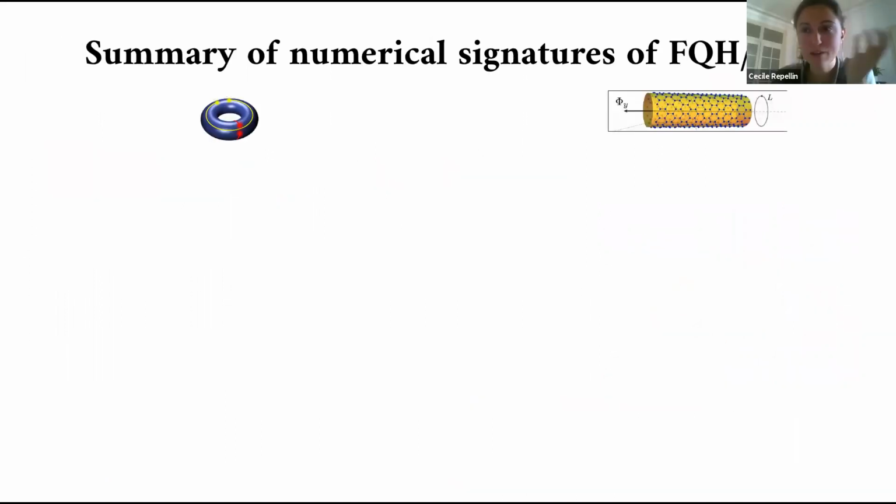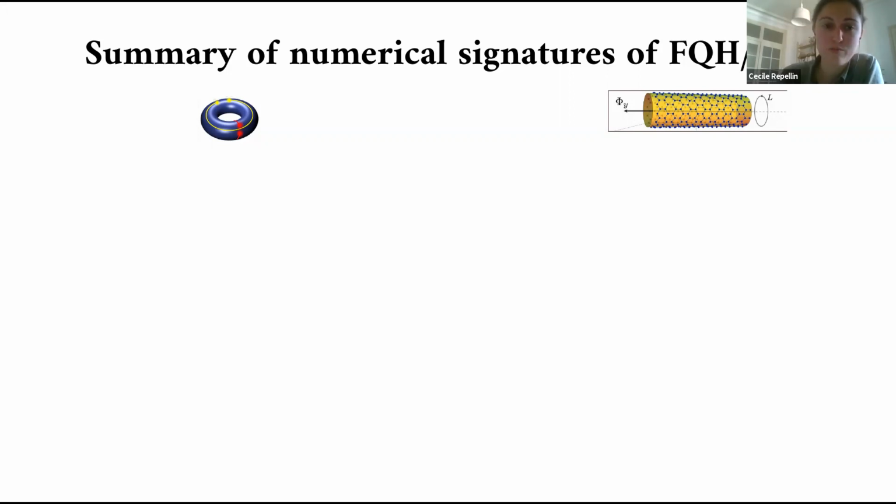All right, so now we're arriving at the end of this section on numerical signatures, or well, probably towards the end of the lecture itself. But I just wanted to give you a little bit of a summary of the techniques I presented.